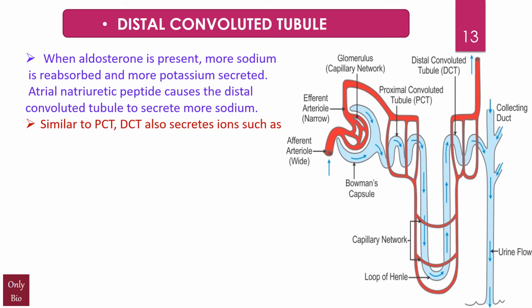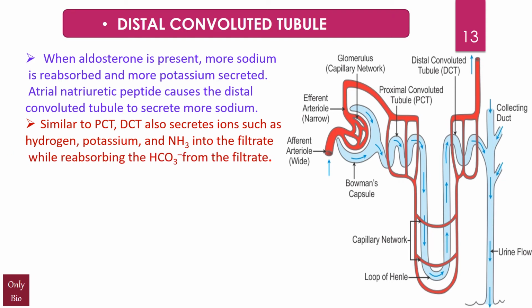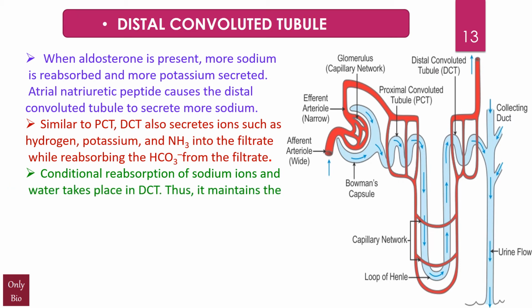Similar to PCT, the DCT also secretes ions such as hydrogen, potassium, and ammonia into the filtrate, while reabsorbing the bicarbonate from the filtrate. Conditional reabsorption of sodium ions and water takes place in the DCT. Thus, it maintains the pH and sodium potassium level in the blood.